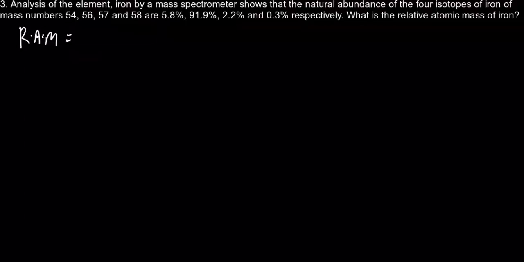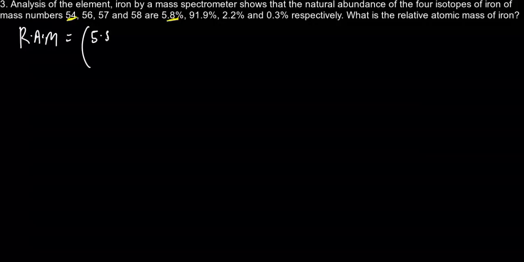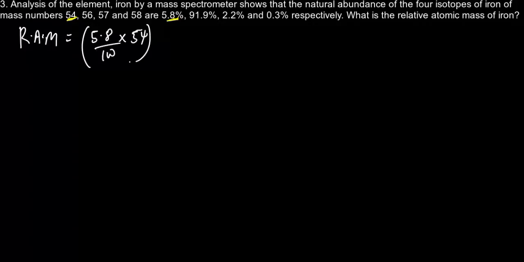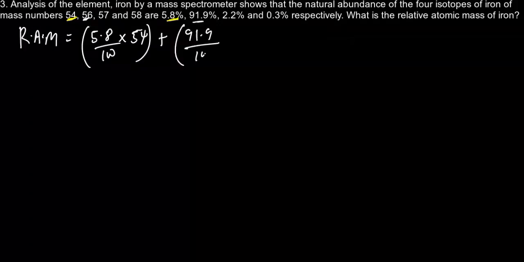Now observe. See, for the first isotope, this is its abundance. It means that for the first one, 5.8 over 100 multiplied by 54. That's for that. Plus this second isotope, which has this mass, this is its abundance. So I'll say 91.9 over 100 times 56.